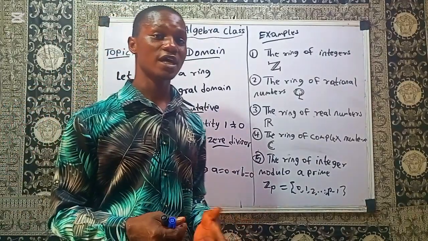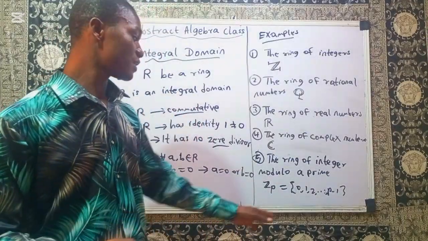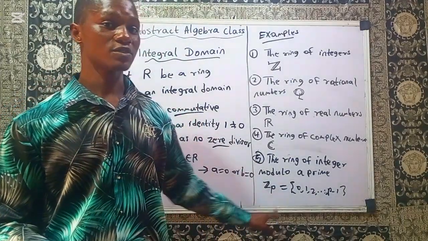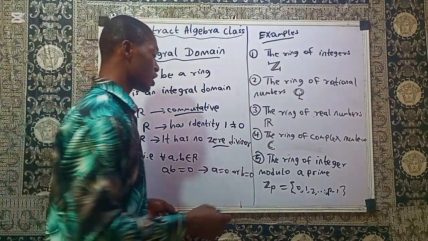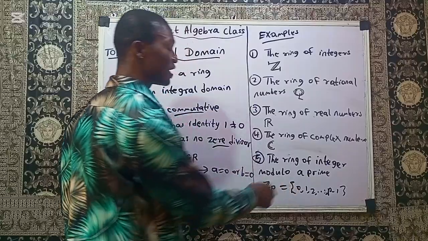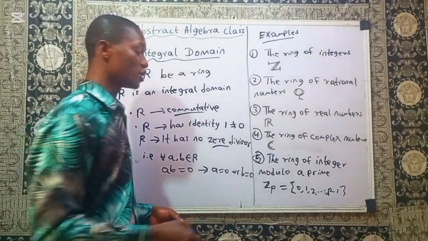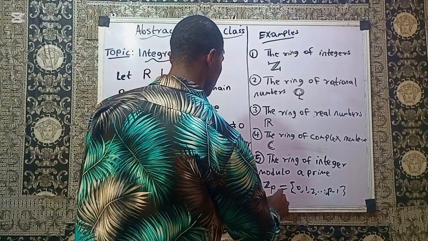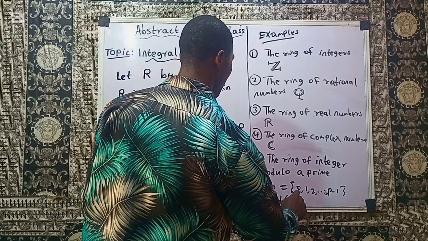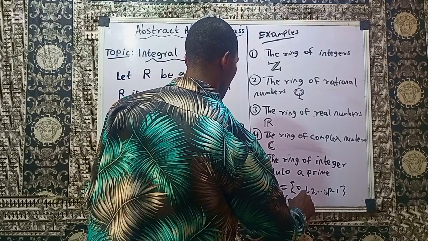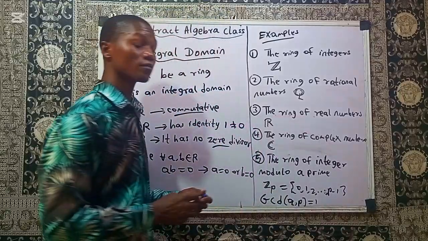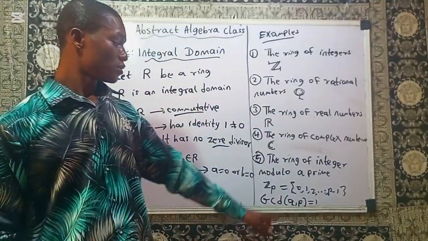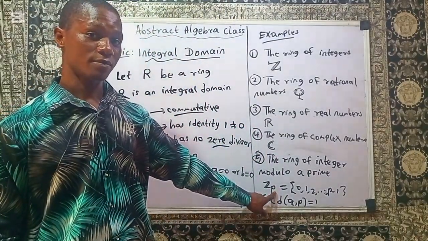So we think of zero divisors. ZP has no zero divisors. Why doesn't it have zero divisors? Because if you pick any element A in ZP and take the GCD of that element A and P, the answer must be what? 1. P is a prime number.